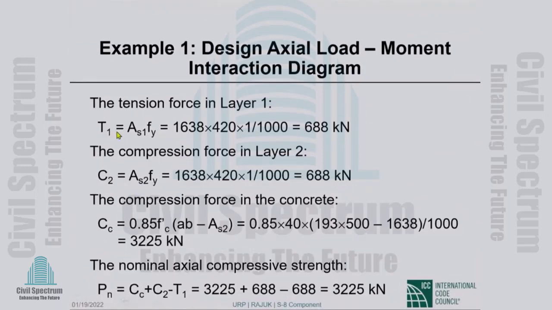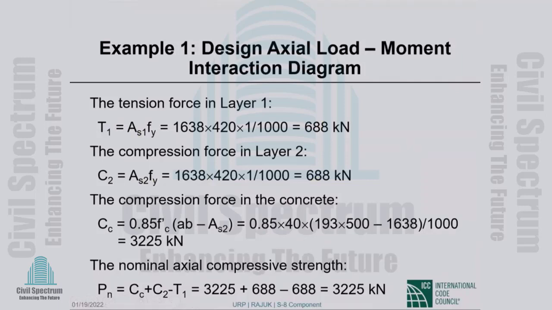So the tension force is the area of the tension steel times yield strength, 688 kilonewtons. The compression in the two upper bars is the same. It is compression, but it is the total area times the yield strength, 688. So the upper and lower layers cancel each other.